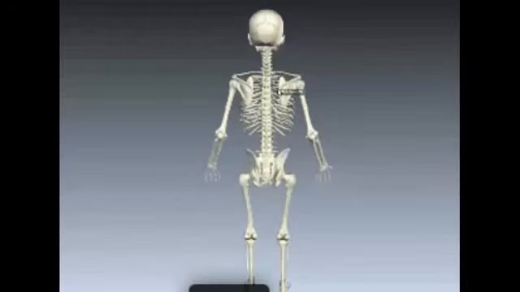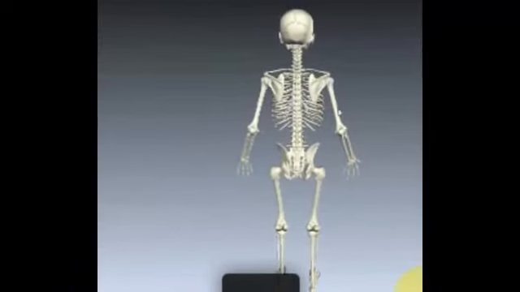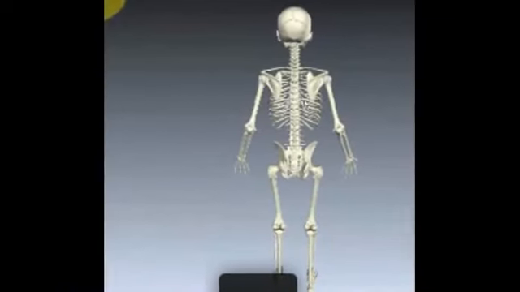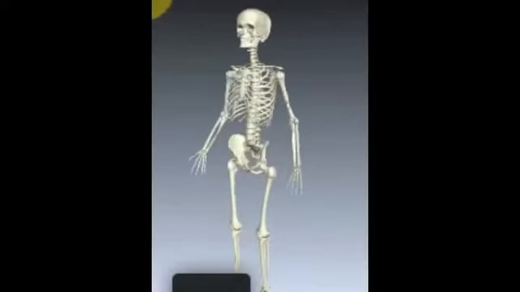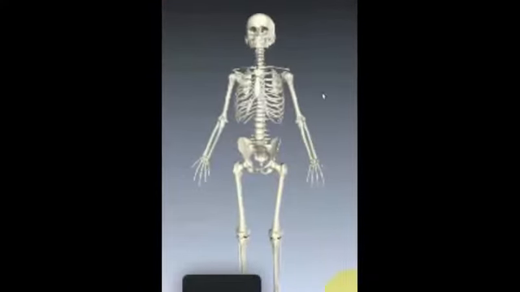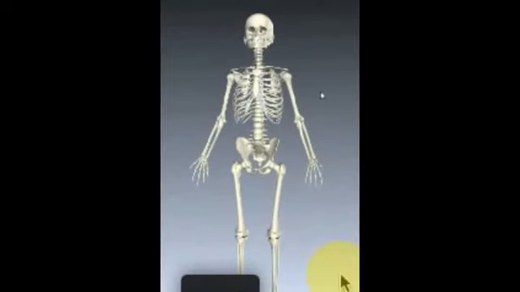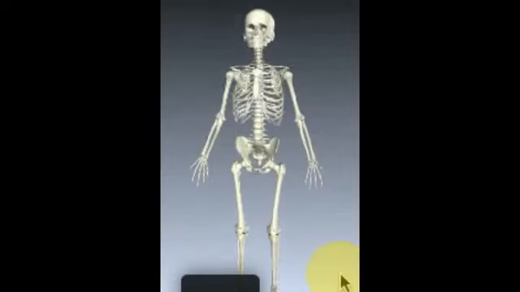Actually, your skeleton is made from 270 bones from your birth. And when you get to 30 years old, some of these bones stick together, and finally you have 206.